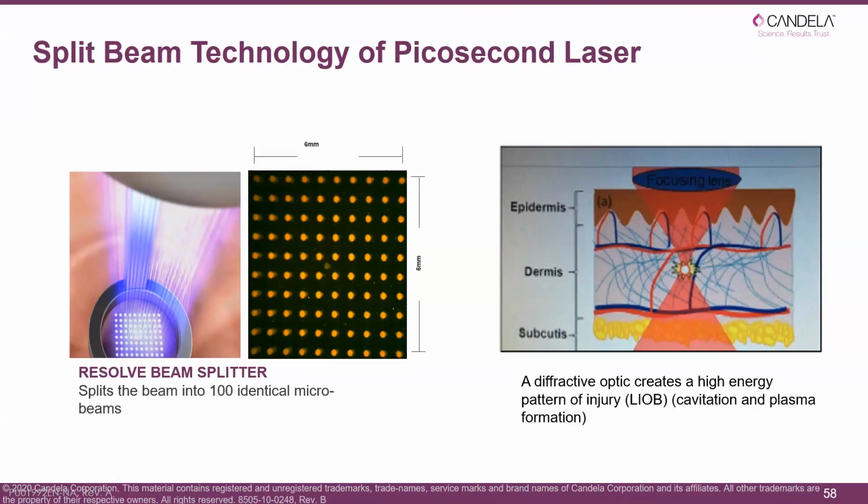And if we change the wavelength of the handpiece to the 532, it's more superficial. So then we're actually producing our LIOBs in the epidermal layer, and therefore we're targeting the pigment within the epidermis.